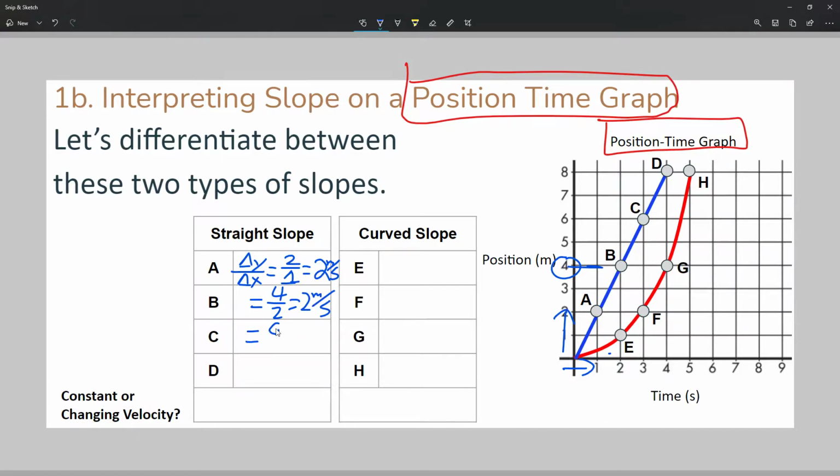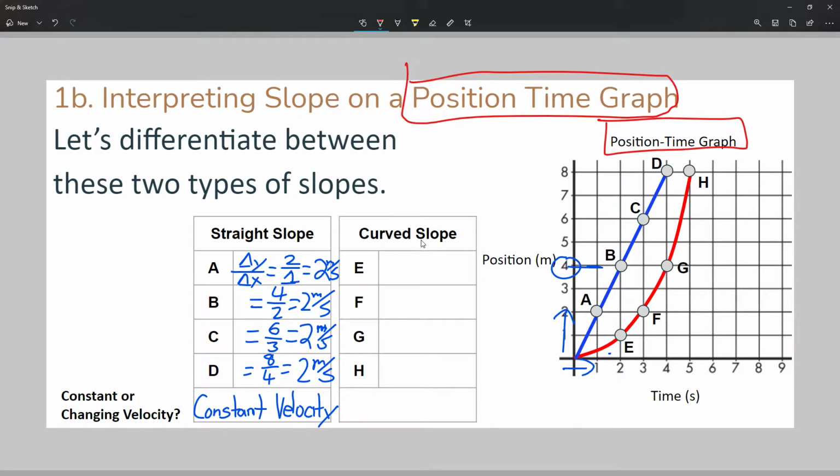C, same thing, 6 over 3, 2 meters per second. 8 over 4, 2 meters per second. So if it's a straight line, clearly it's traveling at a constant velocity. We know that slope means velocity, so the straight line, the straight slope, means constant velocity.